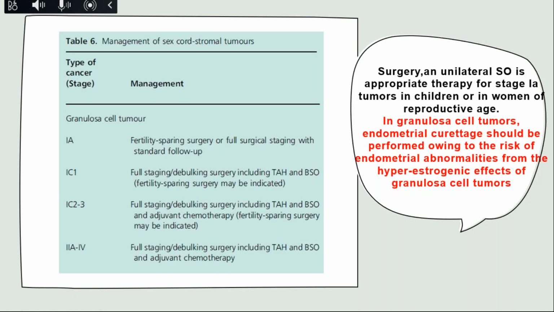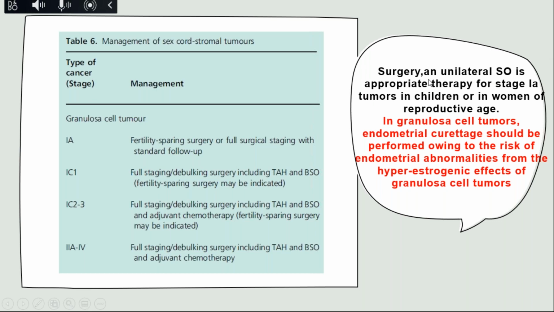So how are we going to manage the sex cord-stromal tumors? According to the staging, for 1A, fertility sparing surgery or full surgical staging with the standard follow-up. For stage 1C1, full staging debulking surgery, including TH and BSO. From 1C2 to 3, full staging debulking surgery, and for stage 4, full staging debulking surgery.